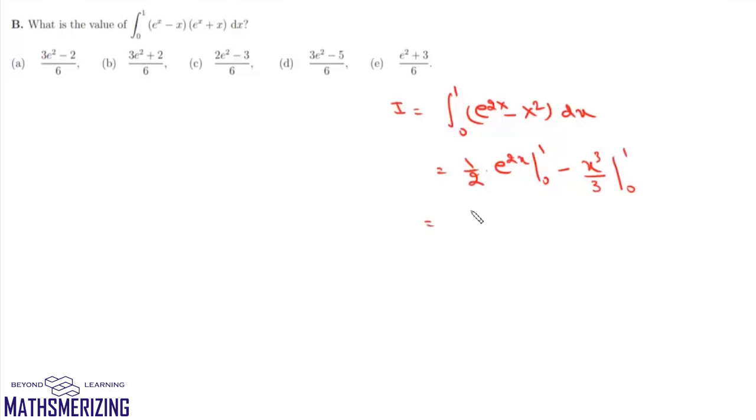Now we'll put the limits. So we'll get (e square minus 1) by 2 and then minus 1 by 3. So it'll be (3e square minus 3 minus 2) upon 6. So the value of this integral will be (3e square minus 5) divided by 6, and that's your option number D.